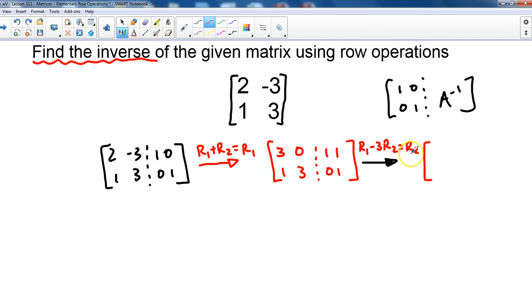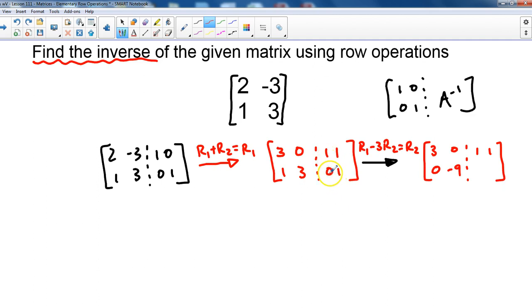Again, row 1 didn't change, so I can go ahead and copy that one down. And go ahead and perform this operation for the second one. So 3 minus 3 times this entry is going to give me my 0, which is nice. 0 minus 3 times row 2 is going to give me a -9 in this entry.